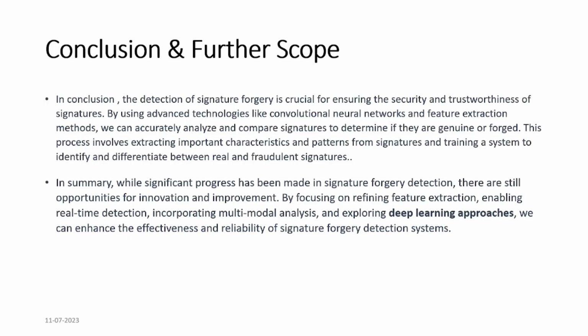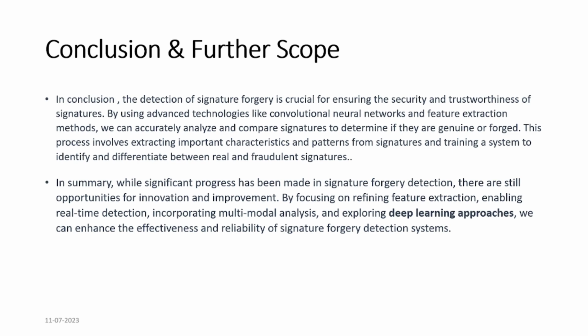In conclusion and future scope of the project: signature forgery detection is essential for maintaining the security and authenticity of signatures. By using modern technologies like convolutional neural networks and feature extraction methods, we can precisely examine and compare signatures to see if they are real or fake. This process involves finding important features and patterns from signatures and training a system to recognize and distinguish between authentic and forged signatures.